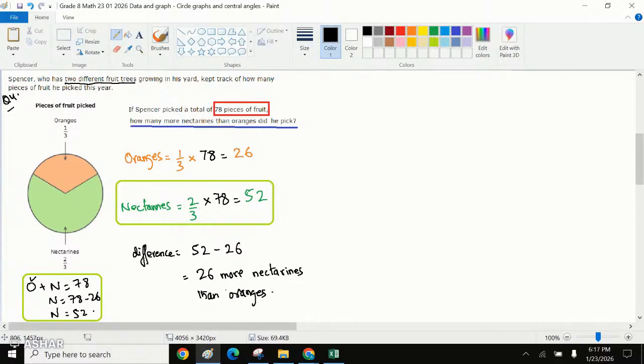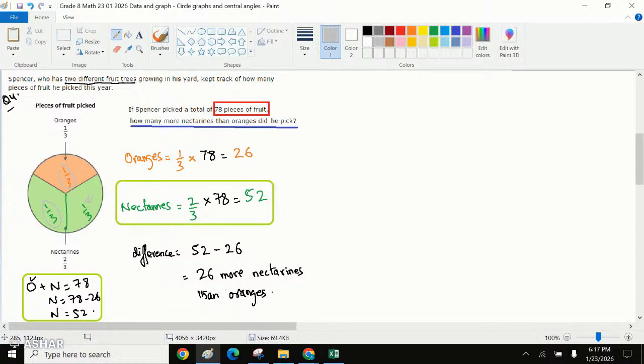So there are several ways to do a question. Or I could have simply said that since oranges were 1/3 and these were 2/3, that means this is 1/3, 1/3, right? And this is 1/3. That means if this 1/3 was equated with this, then this would be the extra 1/3.